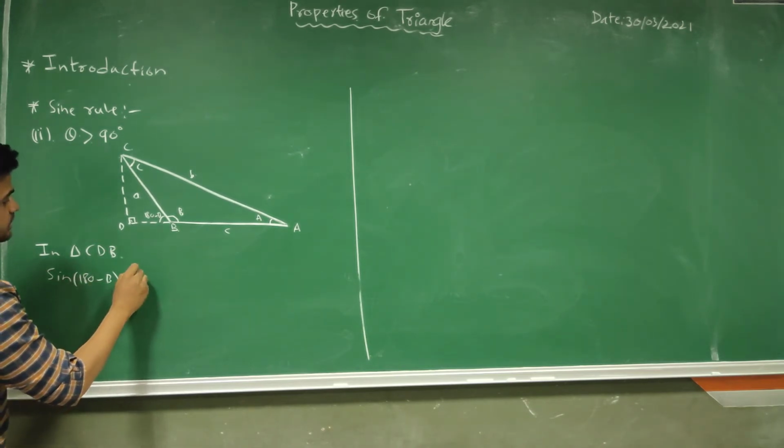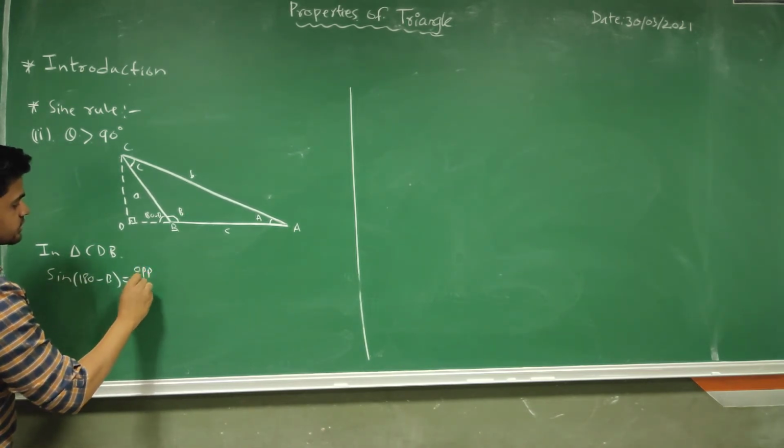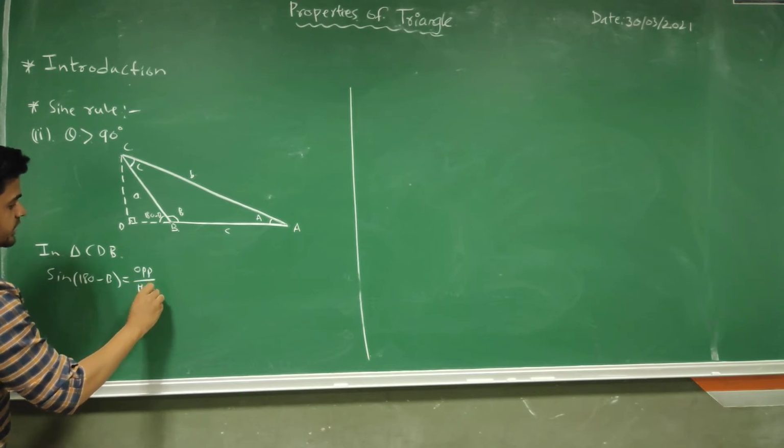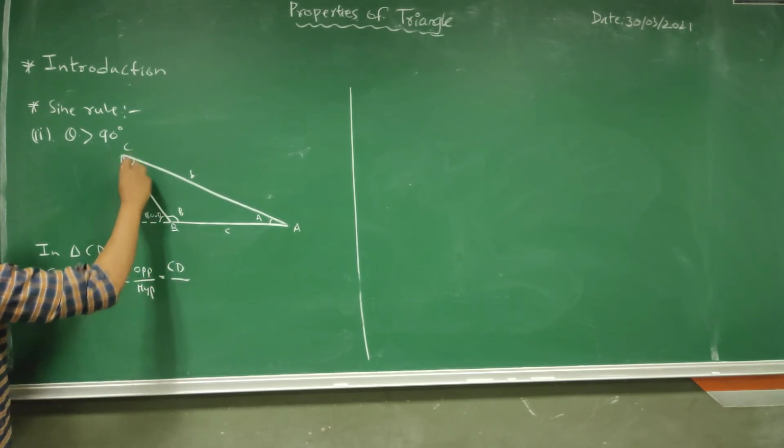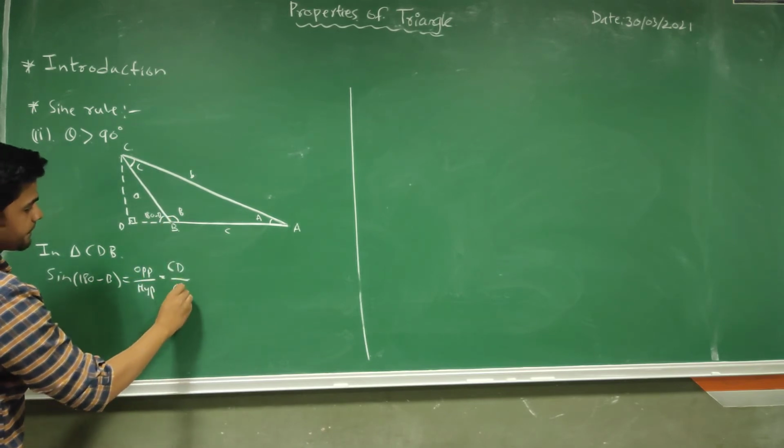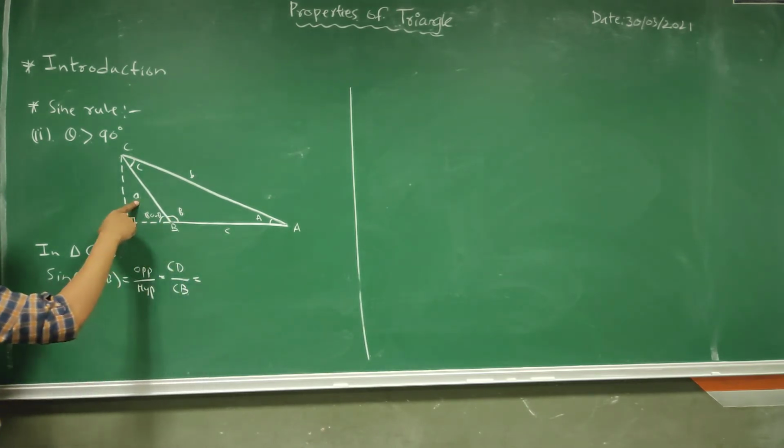Sine is nothing but opposite by hypotenuse, and opposite is CD, and hypotenuse is CB. And CB is nothing but a.